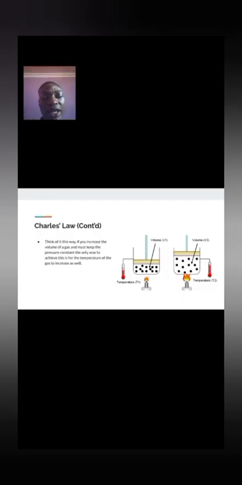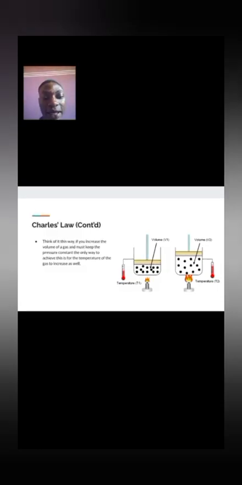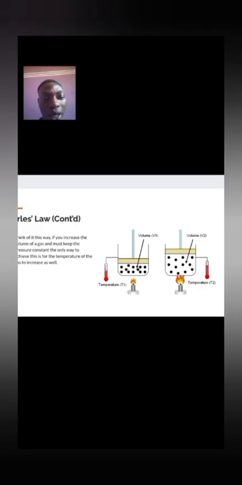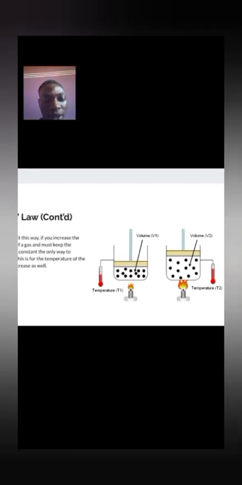If you increase the volume of a gas, take for example the diagram in this slide: when temperature is applied to this gas, you will see that the volume rises. Here you see V1, T1.